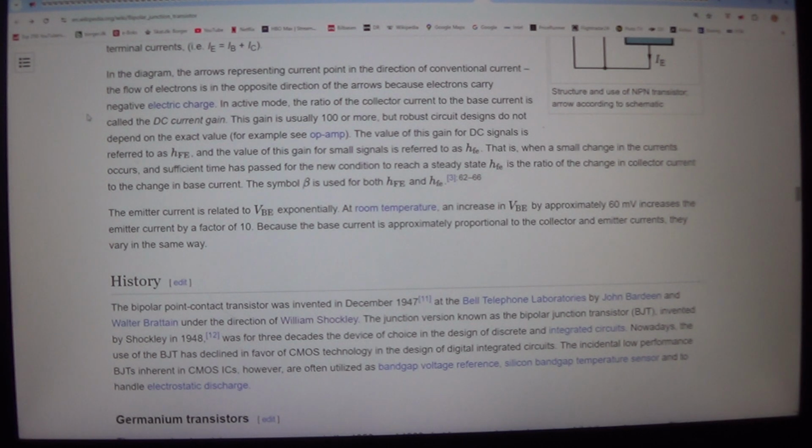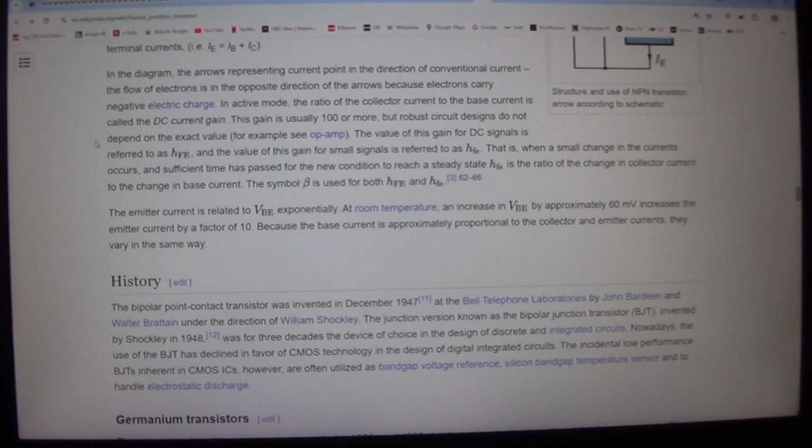In active mode, the ratio of the collector current to the base current is called the DC current gain. This gain is usually 100 or more, but robust circuit designs do not depend on the exact value, for example see op-amp. The value of this gain for DC signals is referred to as hFE, and the value of this gain for small signals is referred to as hfe.